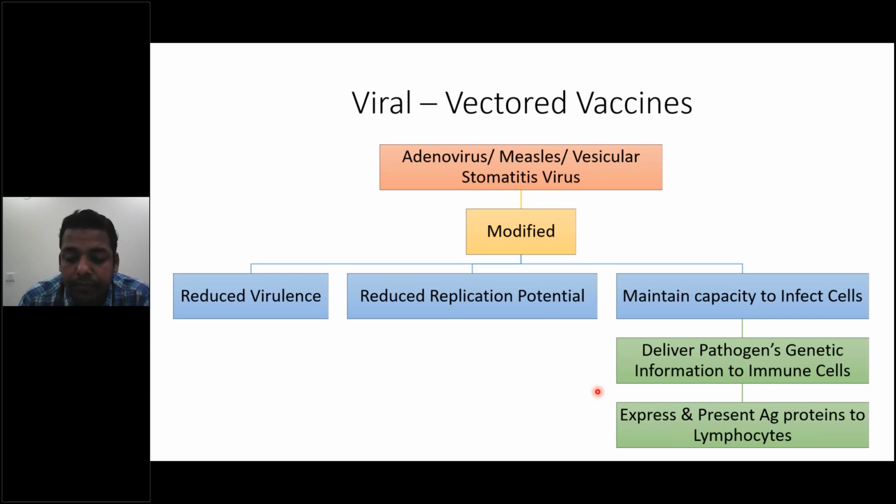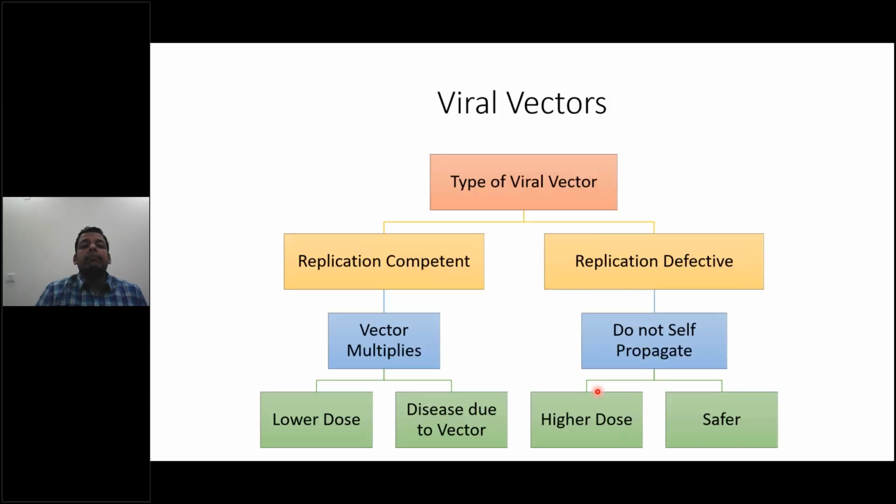Now, these viral vectors can be of two types. These may be either replication competent or replication defective. By replication competent, we mean that the vector is competent to replicate; it multiplies. So a lower dose of the vaccine is required, but the individual may be susceptible to the disease that the vector causes.